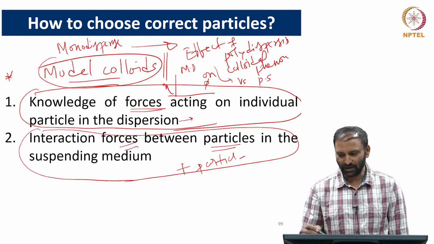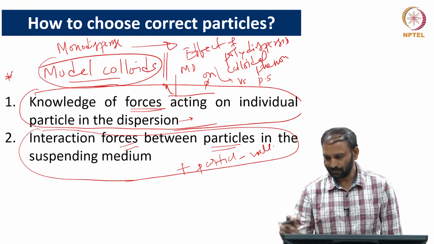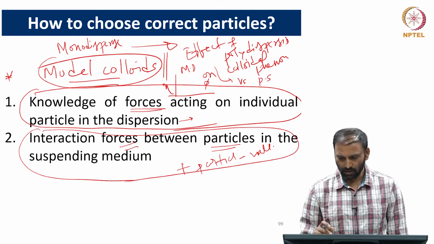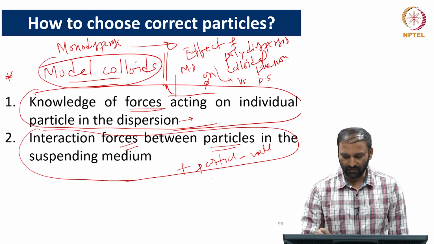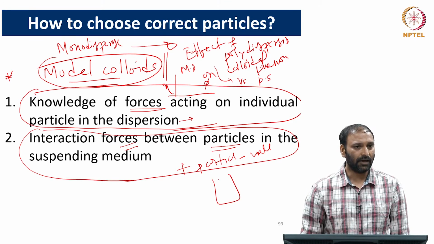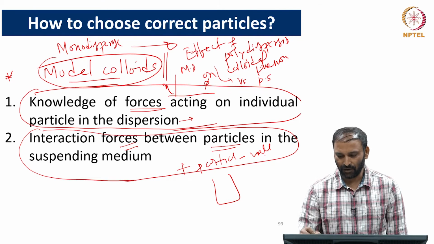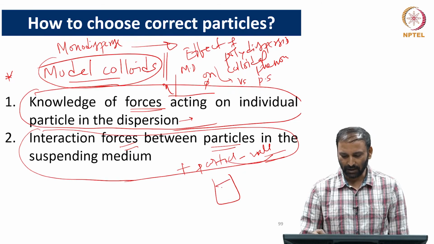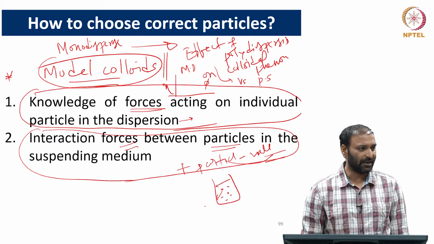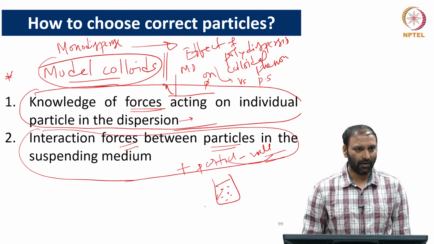For example, it could be the wall. In the case of a Brownian motion experiment, it is the interaction between the particle and the wall. If you have particles in, say, a beaker, it's the interaction between the particles and the walls of the beaker itself. These are also important.